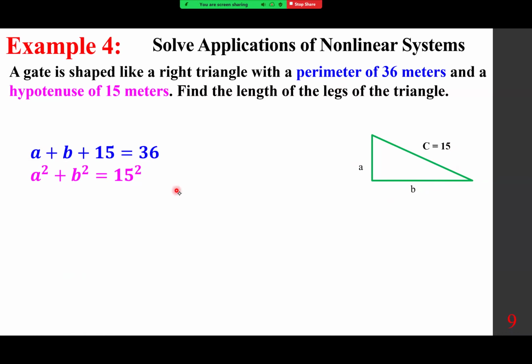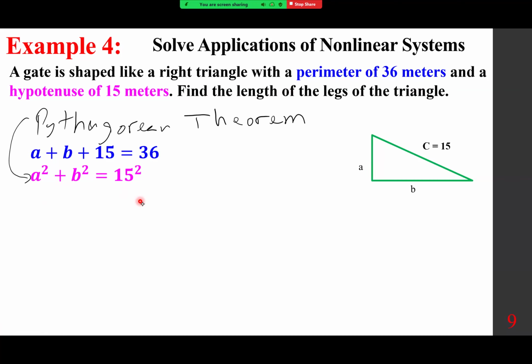And this one is the Pythagorean theorem.